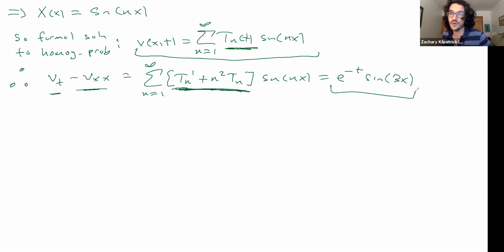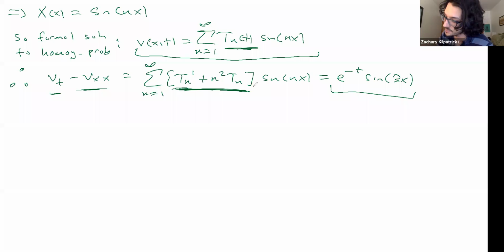So how do I deal with this? Well, it turns out what I have is actually an infinite number of differential equations in disguise, wrapped up in here. I can exploit the orthogonality of the eigenfunctions. This is why orthogonality of the eigenfunctions is so important, because otherwise you could not pull this mess apart. But because sine nx are orthogonal in the L2 inner product, I'm good.